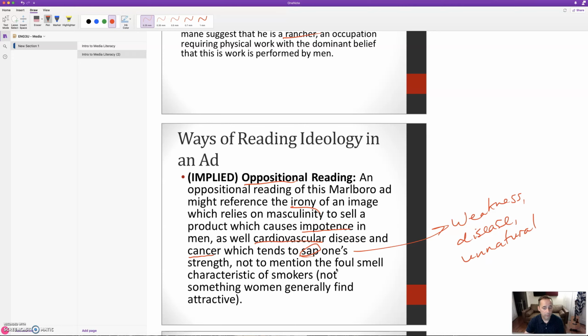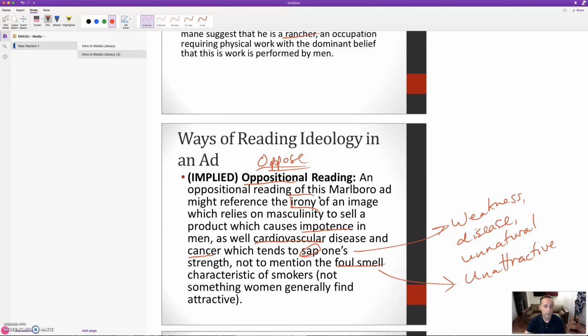Not to mention the foul smell characteristic of smokers, not something women generally find attractive. So it's unattractive versus how they made him seem. So that's how we oppose and go against what the product is supposedly selling us, right?